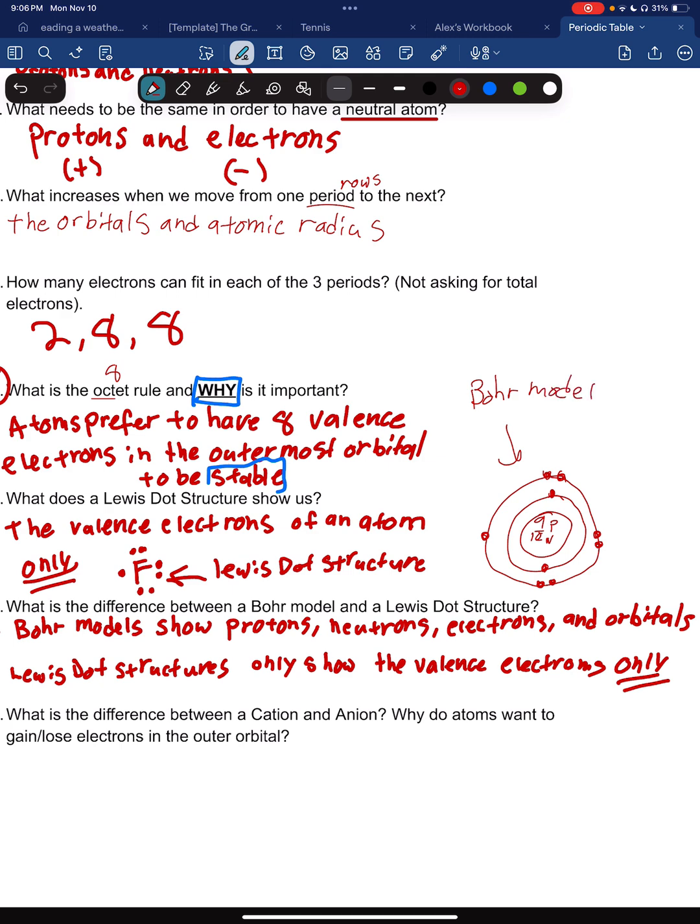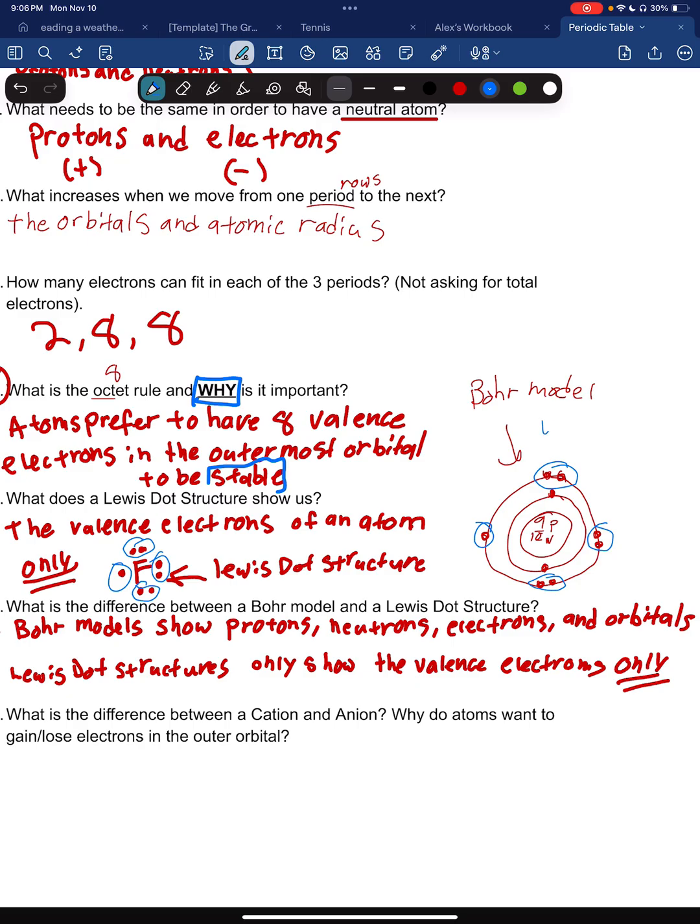Okay. So your Bohr model, if you did it correctly, does show your valence electrons as well. If you did it correctly, your valence electrons from your Bohr model are right here. These guys. Now, if you look over here, we have these ones as well.